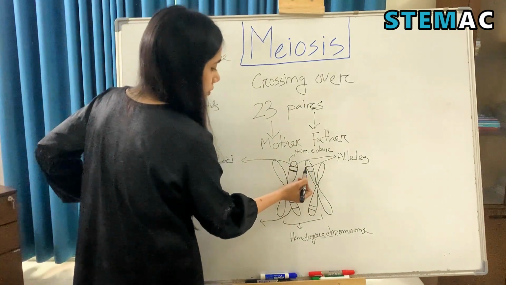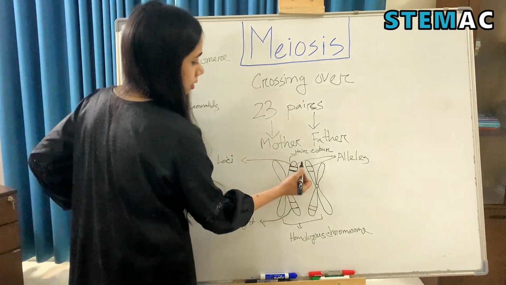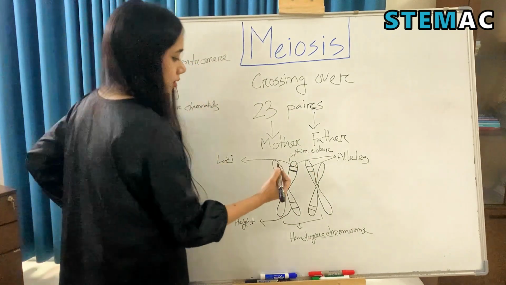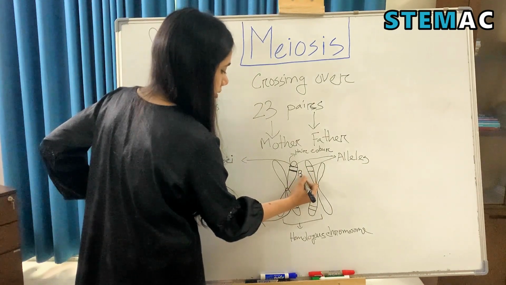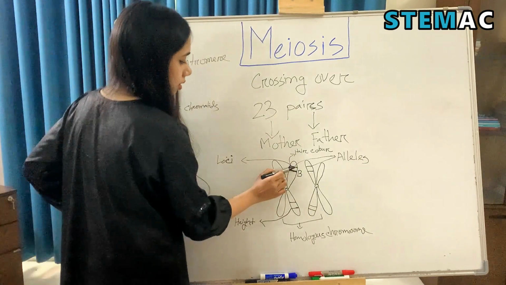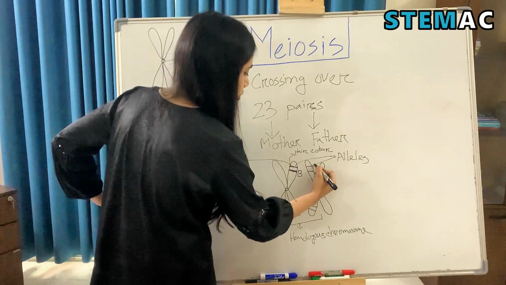Now let's say this allele for hair color is black, so we're going to write it as capital B. This allele for hair color is black, and this allele is also black.